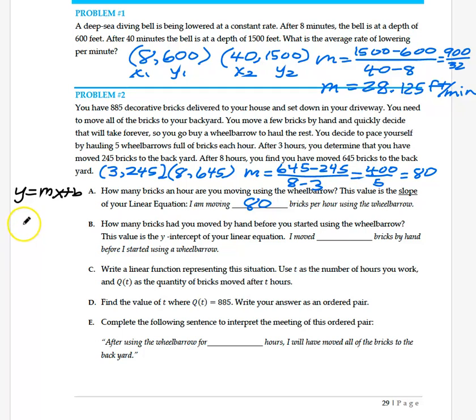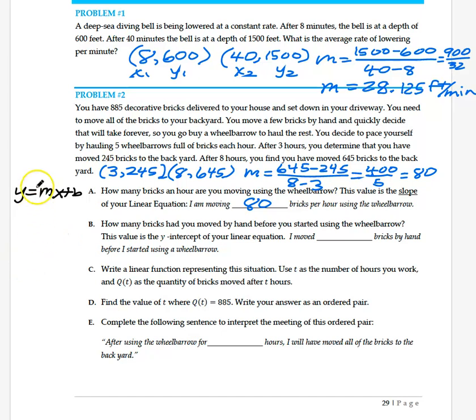So we can start by figuring this out by putting values in place of y, m, and x, and then we can solve for b. So let's try that on here and see how we do.